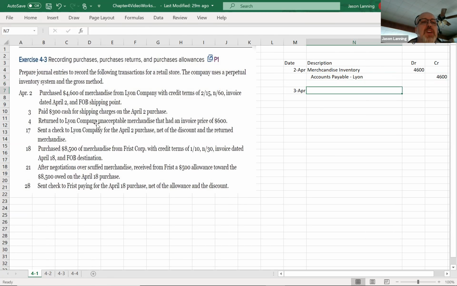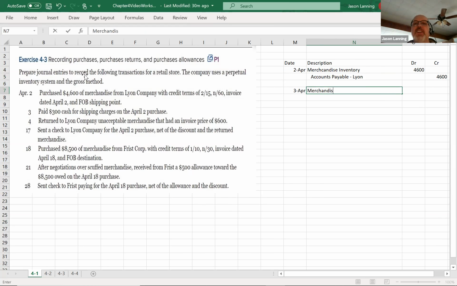Now on April 3rd, we paid $300 cash for shipping charges on the April 2nd purchase. Now, this is, as I say at the top, a perpetual inventory system. And in a perpetual system, most of our costs when we're purchasing items go into inventory. So although we paid the cash for shipping, because this is a perpetual system, it's related to the cost of us acquiring the inventory.